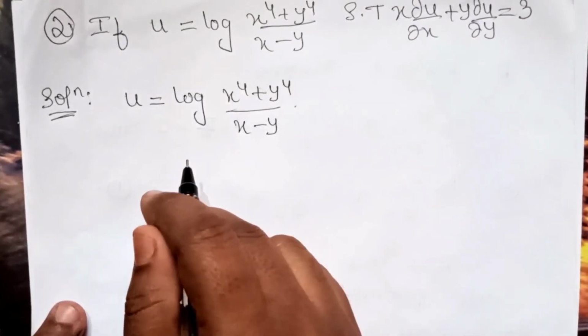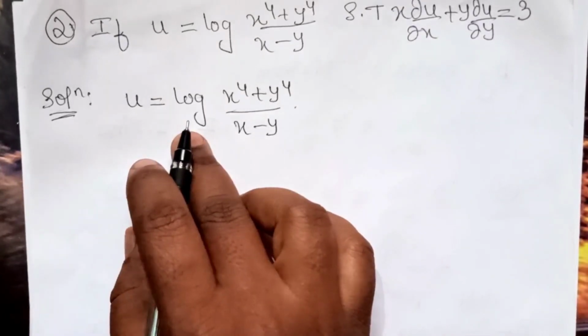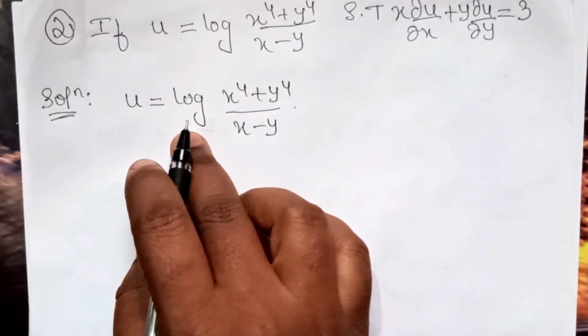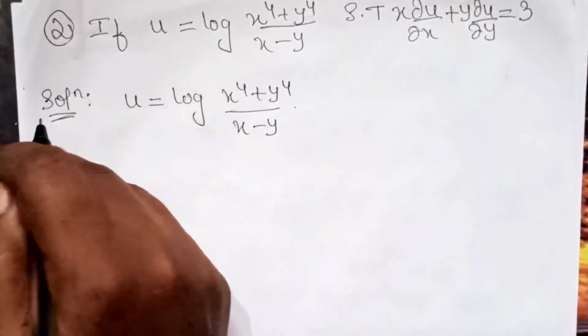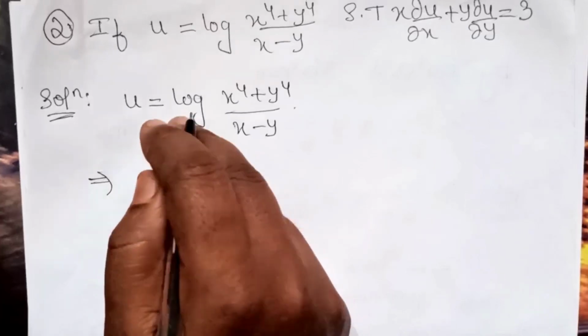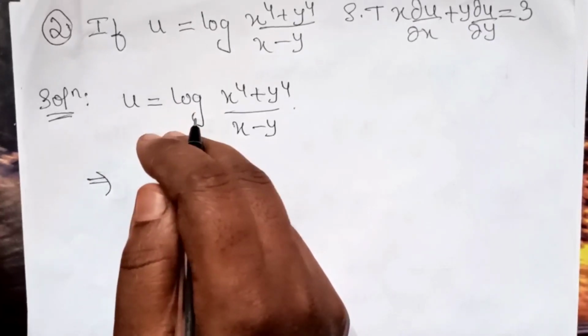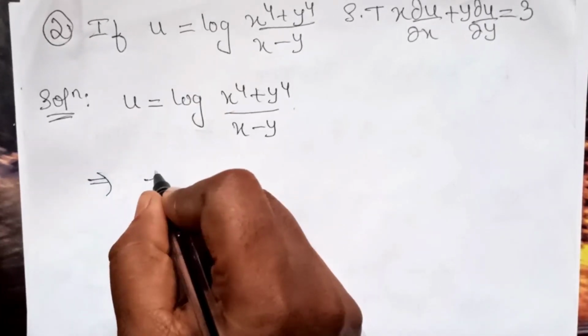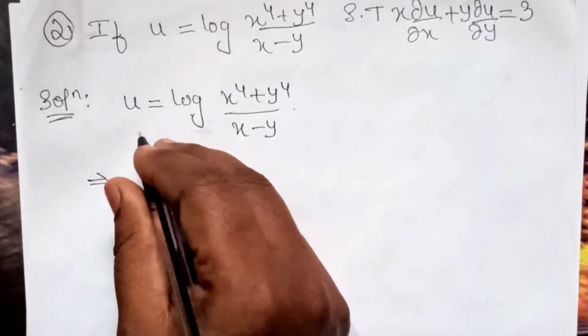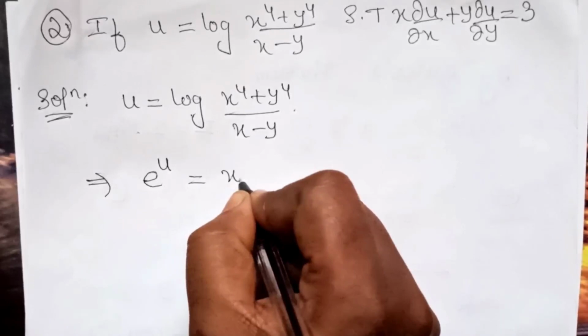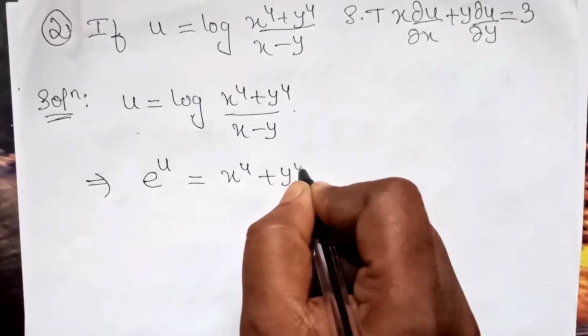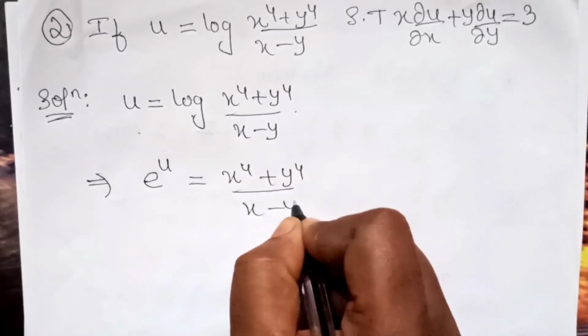So now here we have to represent this function in Euler's form. For that we take this log to the left side, and it becomes antilog, that is exponential of u. So on taking this log to the left side, it becomes e raised to u equals (x power 4 plus y power 4) divided by (x minus y).